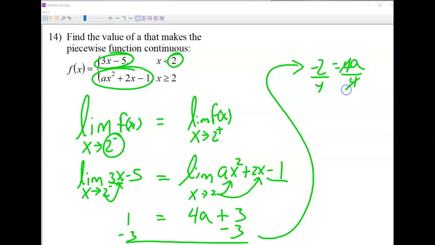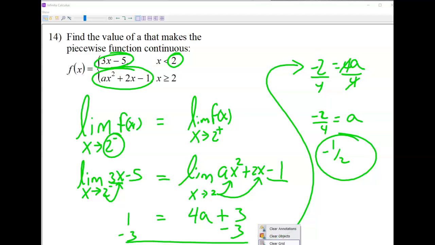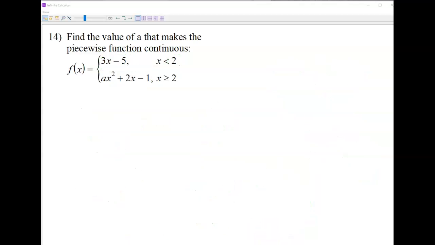And for this particular problem, I end up with -2/4, which is -1/2. So that would be the answer for a that would make this piecewise function continuous.